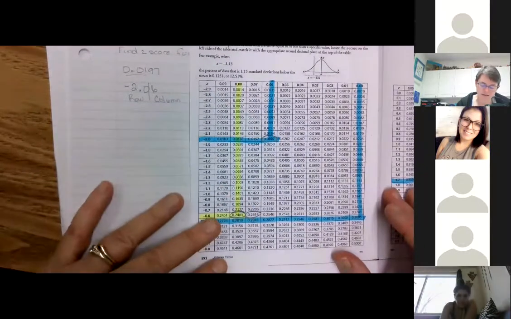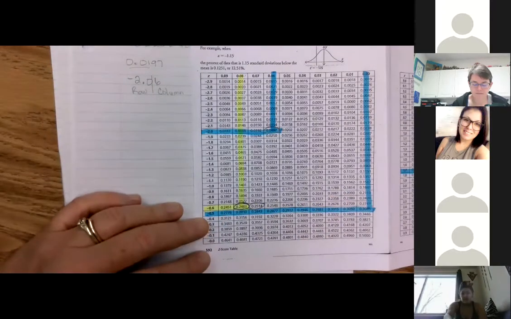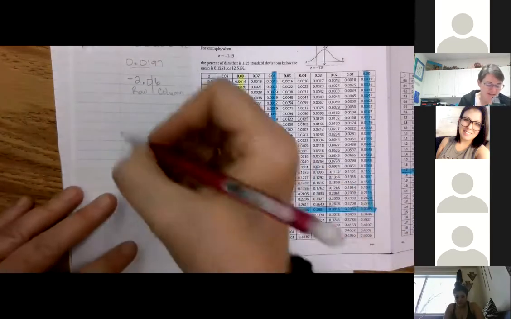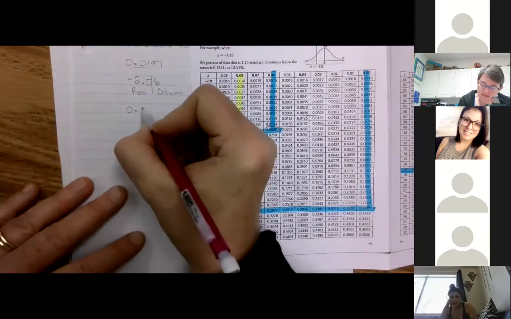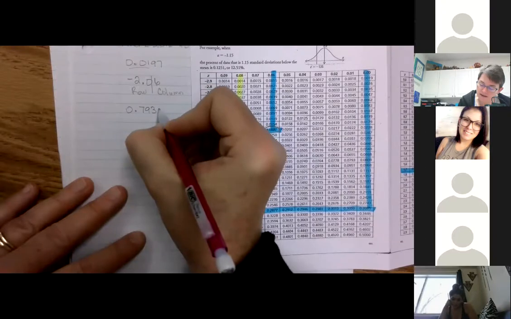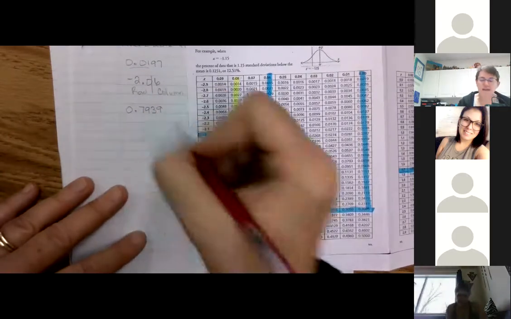Let's try that again. Do you always start on that side of the table? How do you know when to use the other side? I'm about to. How about let's do 0.7939. Okay, find the number.